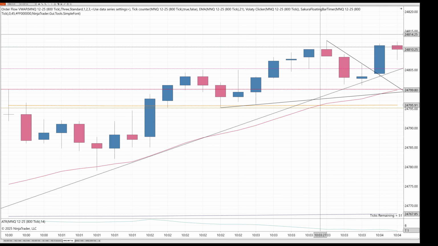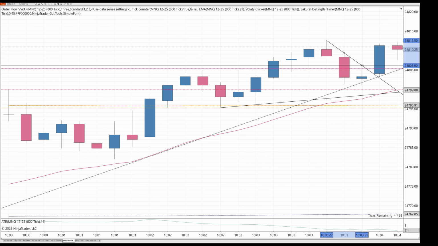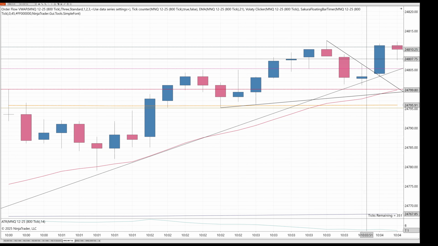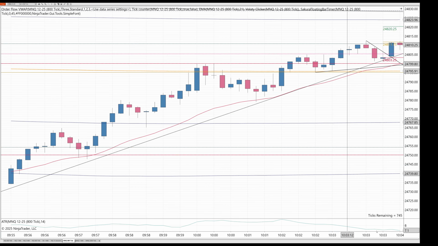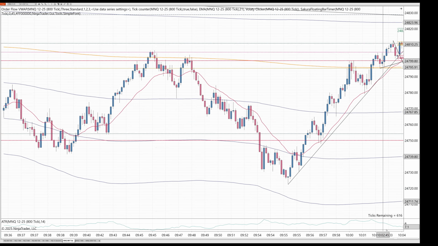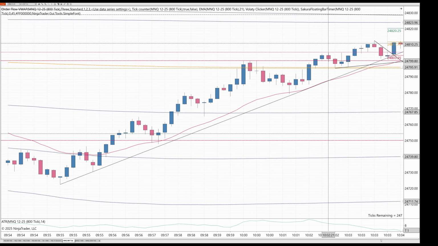We took out the runner. We broke this downward trend line. Yeah, so this is a signal to go higher. Question is, do we have anything in the way? Doesn't look like we do. No, we don't have anything in the way.